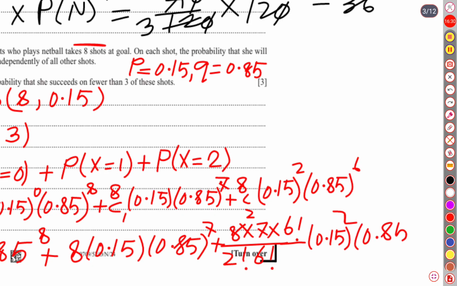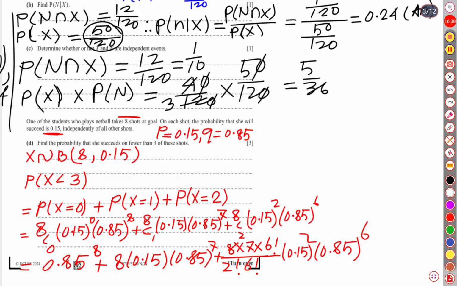If we simplify this step, 6 factorial and 6 factorial can dissolve each other.